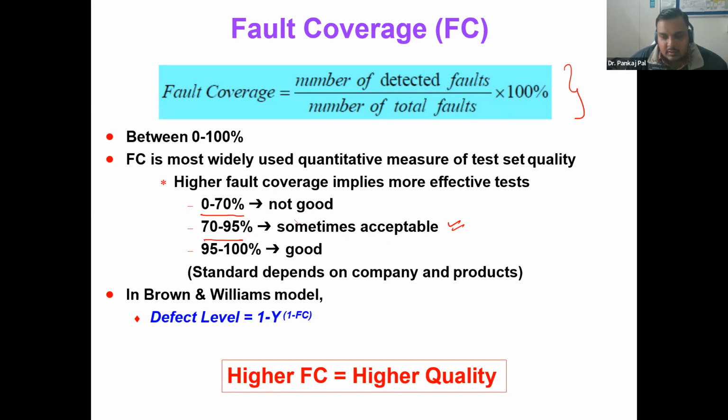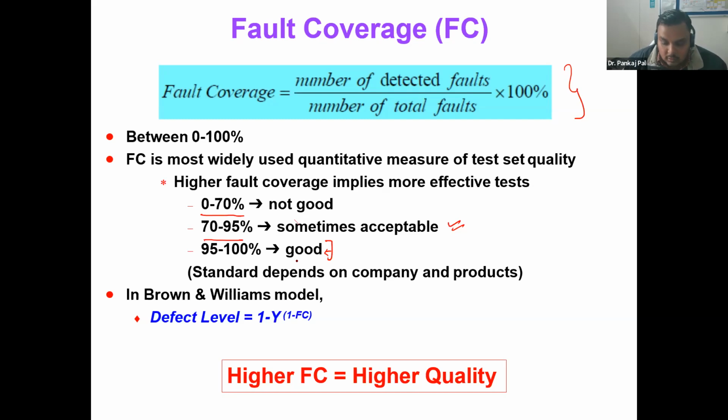If a renowned company is there, it relies more on finding more test vectors so that it is able to find more faults. So the quality will increase. Definitely they have to pay, and this is one of the reasons that a standard company's product is costlier.